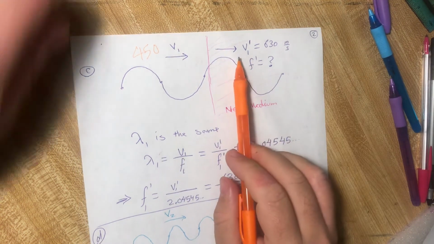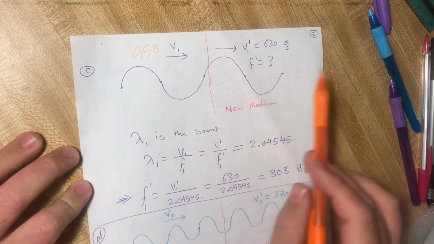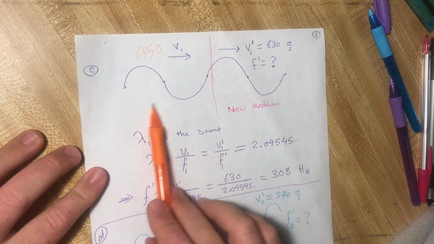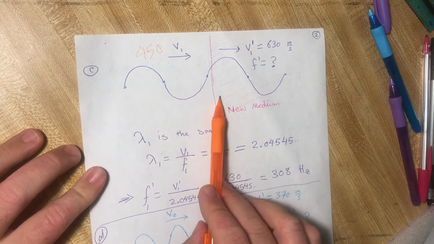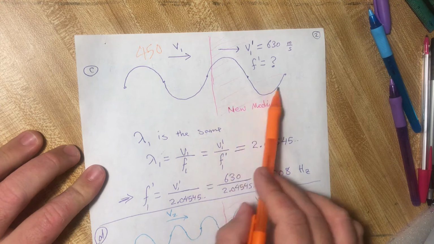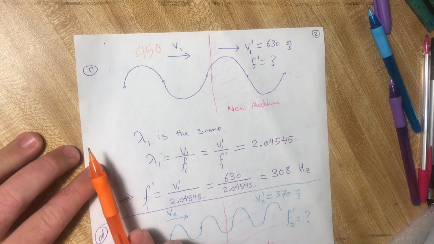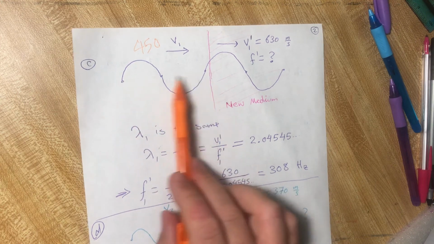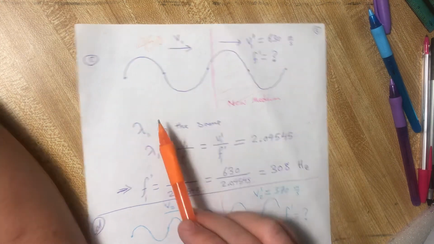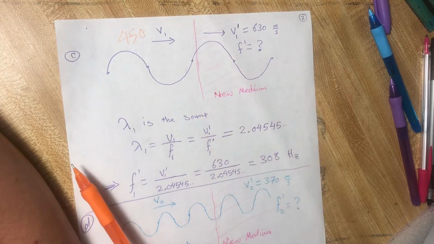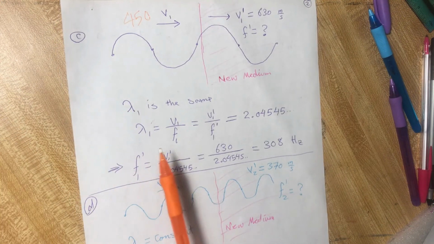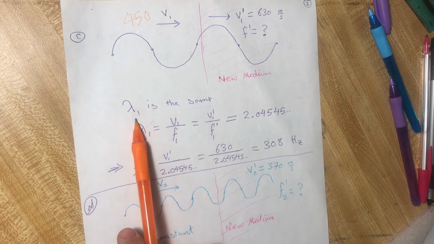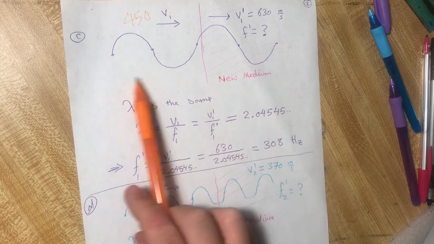And we have another velocity in this medium. Maybe if we run on the street, then go on sand, our velocity will change. But the wavelength is the same. How much is the frequency now?